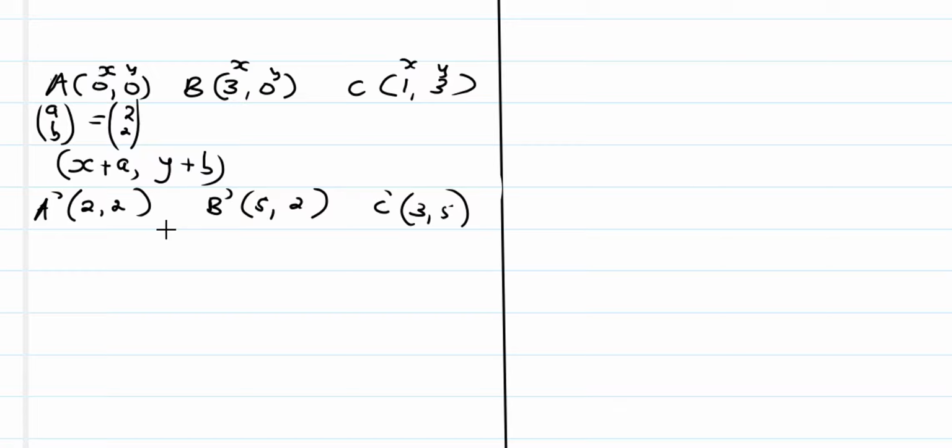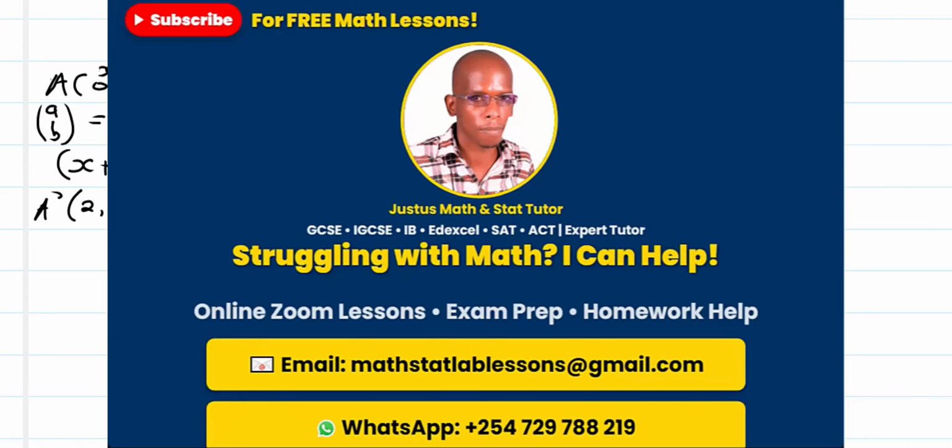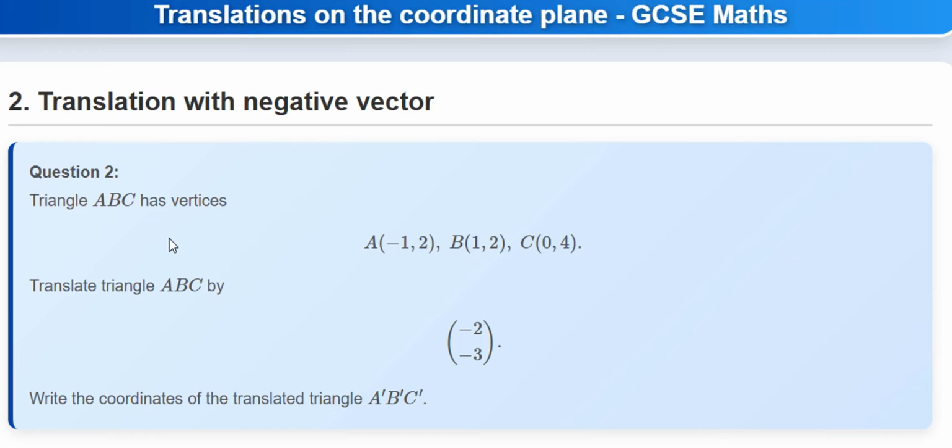This is the logic we use when applying the translation vector to translate figures on the coordinate plane. Can we try another example? In this one, you are told triangle ABC has vertices A (-1, 2), B (1, 2), and C (0, 4). It is translated by the translation vector (-2, -3).